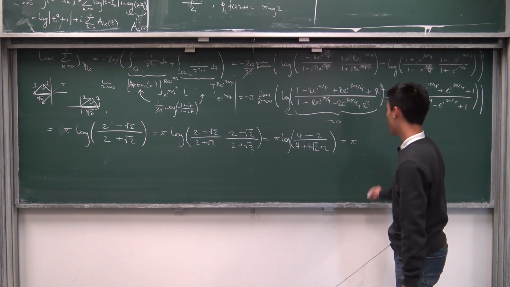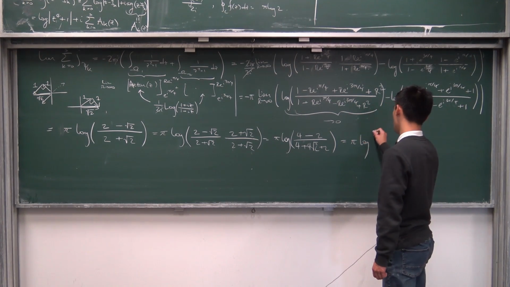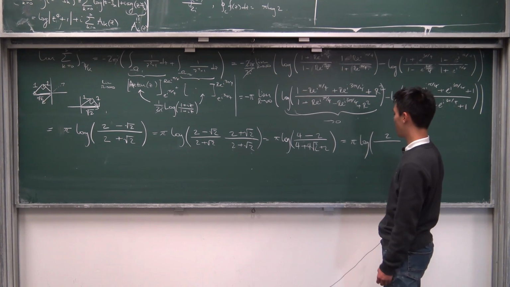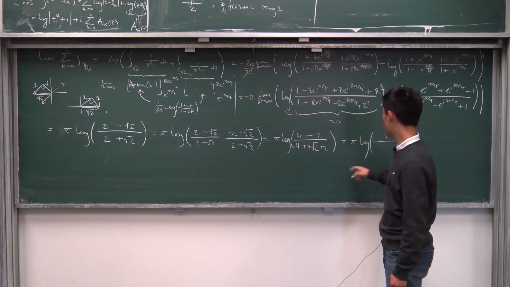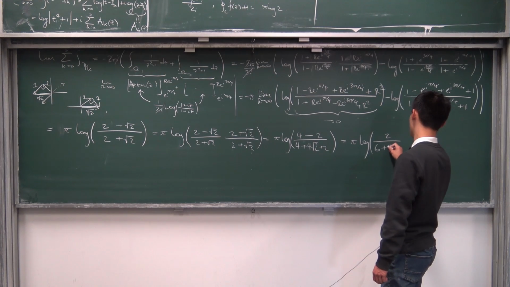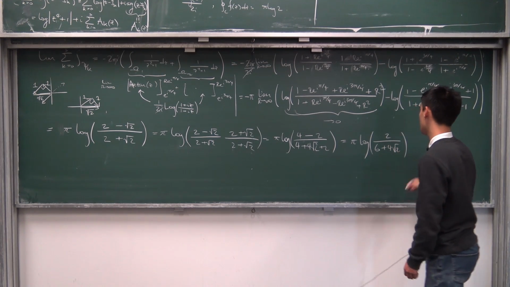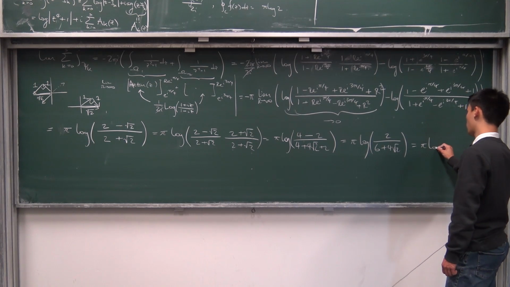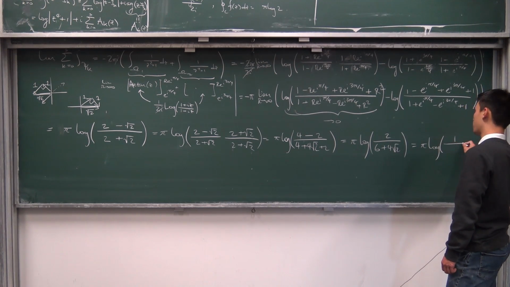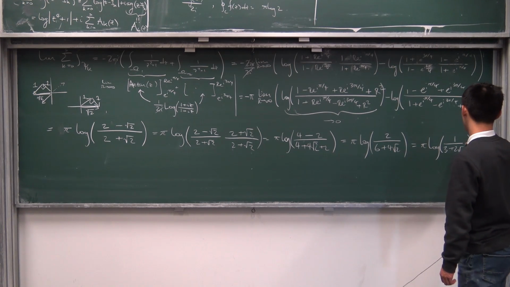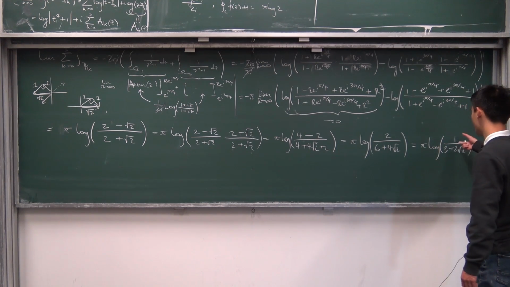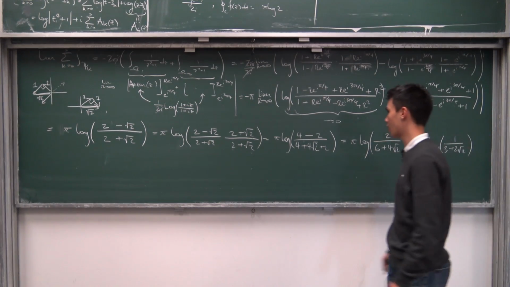So what do you get from this? This is going to be pi times the logarithm of 2 divided by 4 plus 2, which is exactly 6 plus 4 root 2, and we can simplify this a bit further. This is going to be pi times the logarithm of 1 divided by 3 plus 2 root 2, and because we have the funny fraction here, you can take the reciprocal, but you put a negative outside the logarithm.